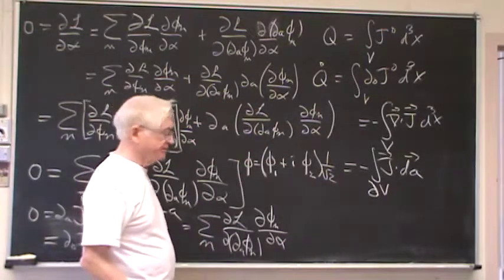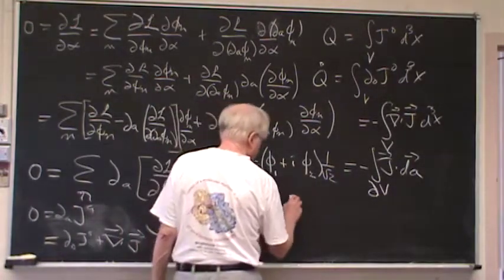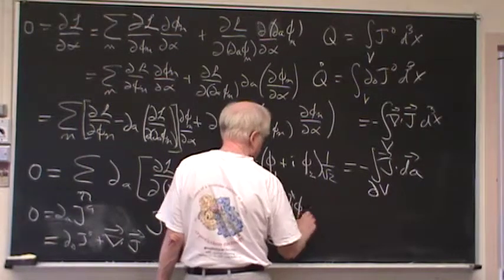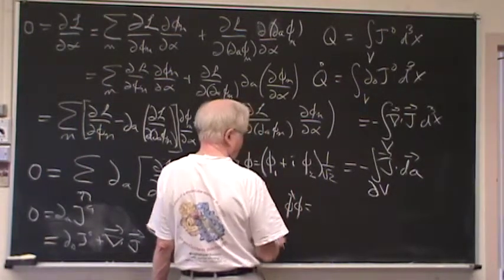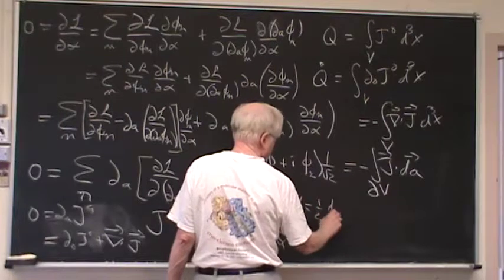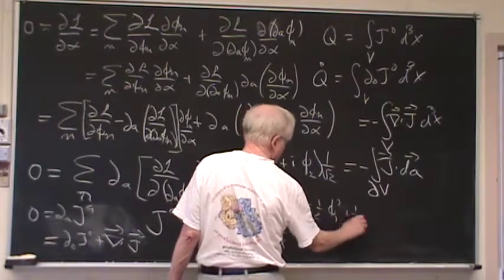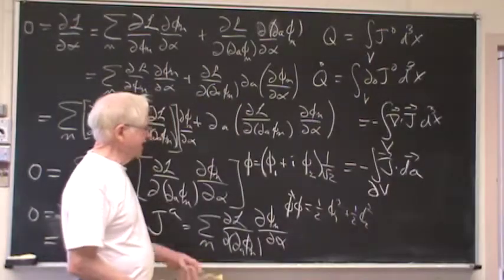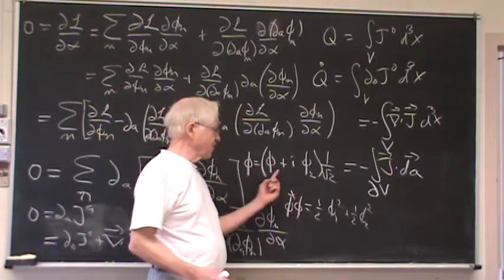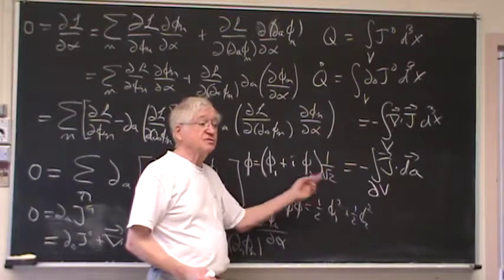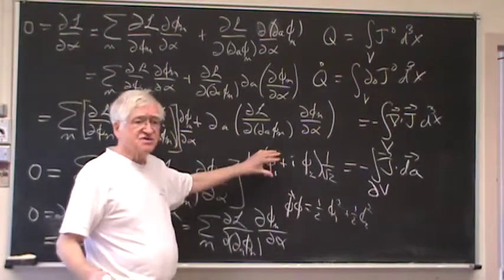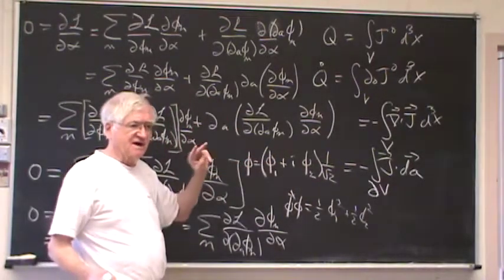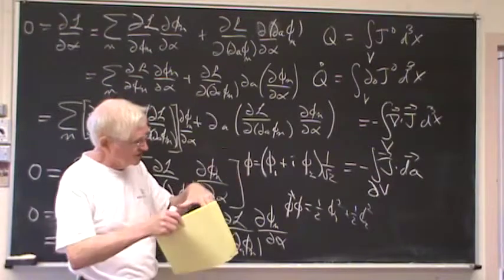Okay? And so then we say phi star phi, well, that's 1/2 phi 1 squared plus 1/2 phi 2 squared and so forth. And phi star, of course, is phi 1 minus i phi 2 over root 2. It makes sense to do this if the particles have the same mass, then you can put them together.